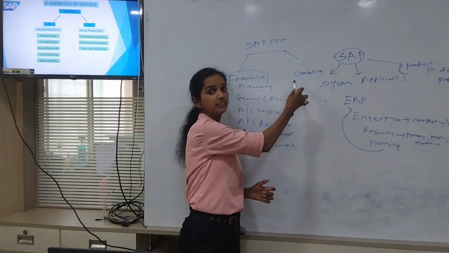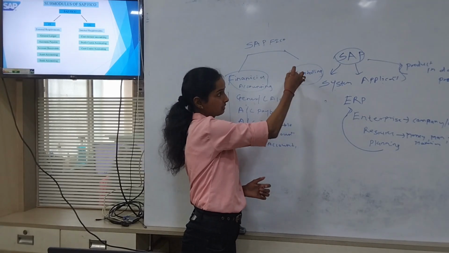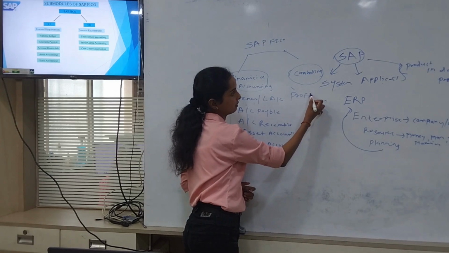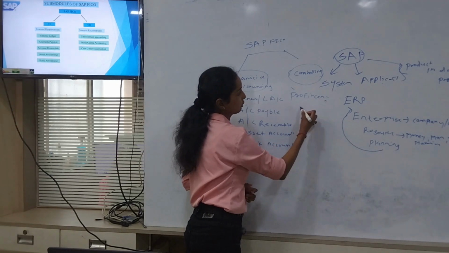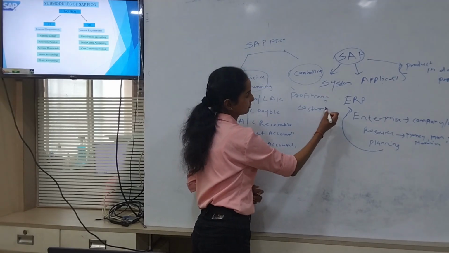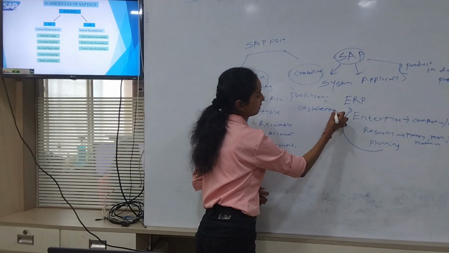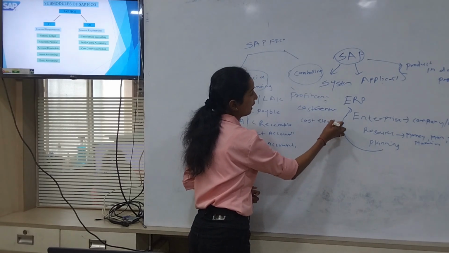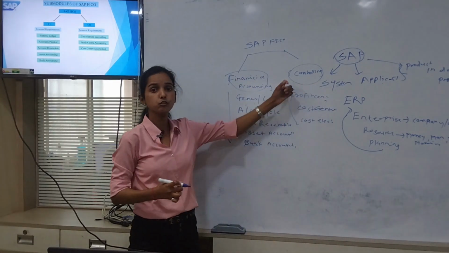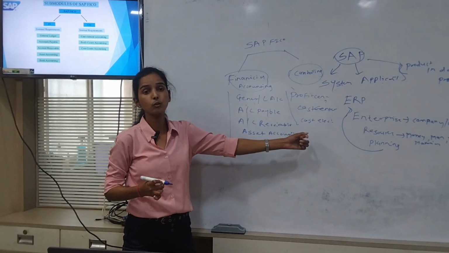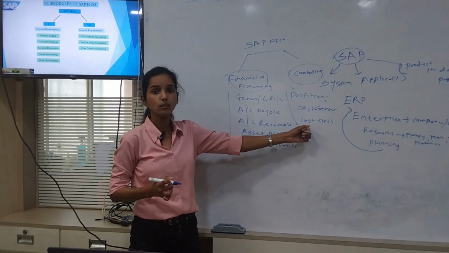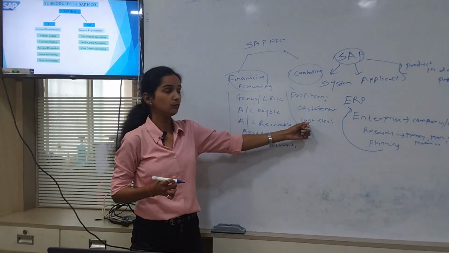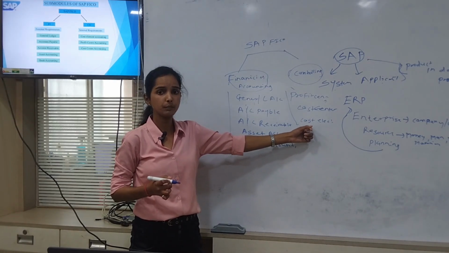When we talk about controlling, जब हम कंट्रोलिंग की बात करते हैं तब हमें प्रॉफिट सेंटर, कॉस्ट सेंटर, all these modules we are creating for internal reporting purposes, for our internal management or our owner.